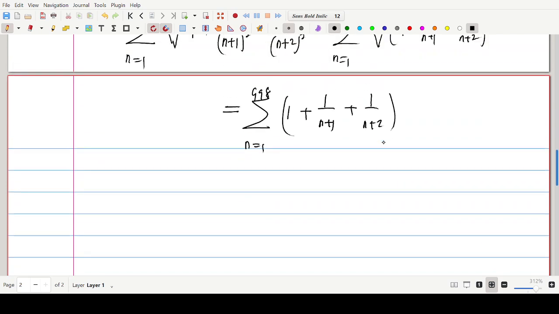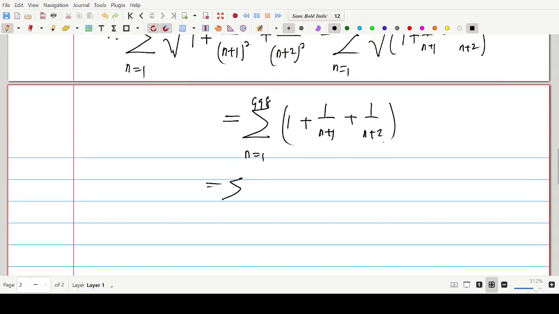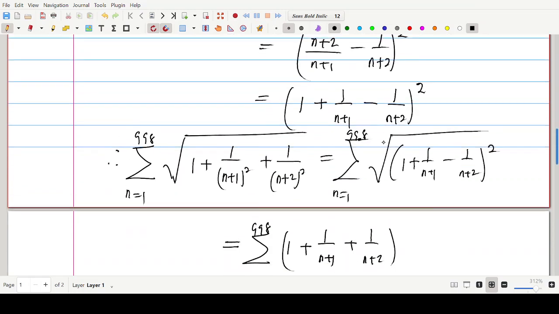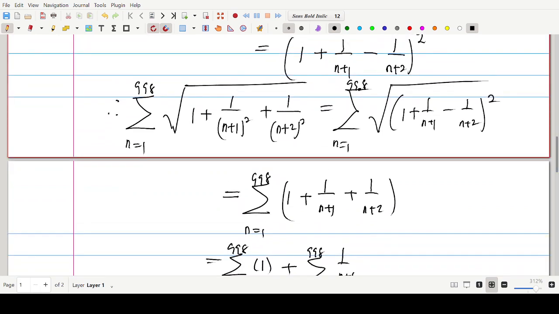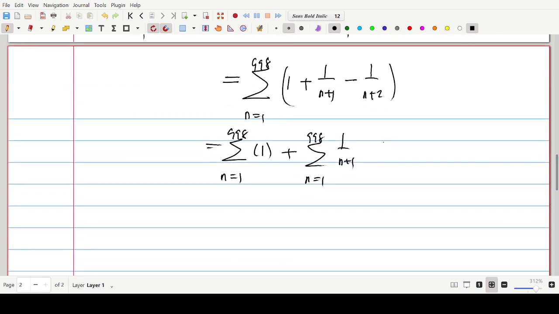So taking individual sums, we have 1 plus the sum of 1 over n plus 1 ranging from n equals 1 to 998. Please, I think we made a mistake. Here is minus, it's not plus. So that means I have it as minus the sum from n equals 1 to 998 of 1 over n plus 2.